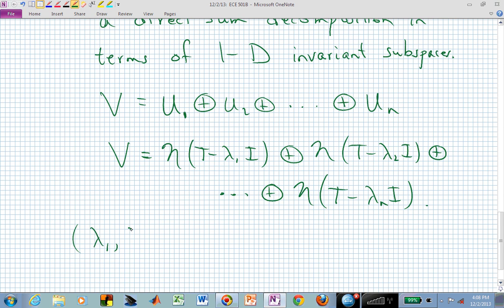The lambda 1, lambda sub 2, lambda sub n are distinct.